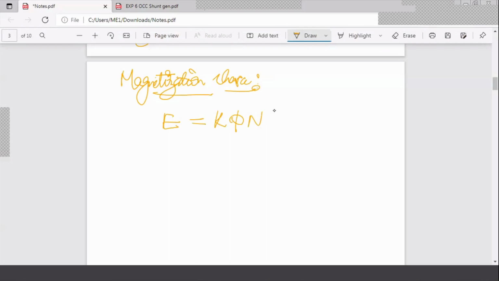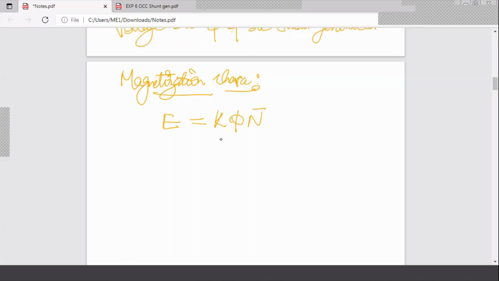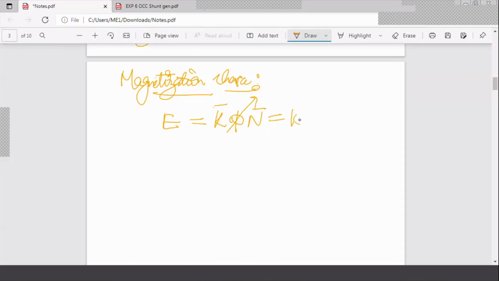So now if I keep the speed of the machine constant, that means if I am rotating it with some prime mover and I am keeping the speed constant, then K is a constant, right? N is a constant now, but the flux in the machine can vary, right? I can write this as some constant K1 into phi.